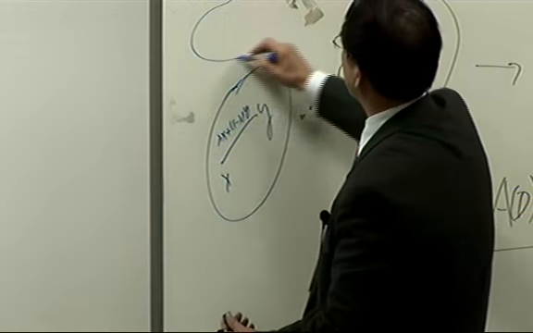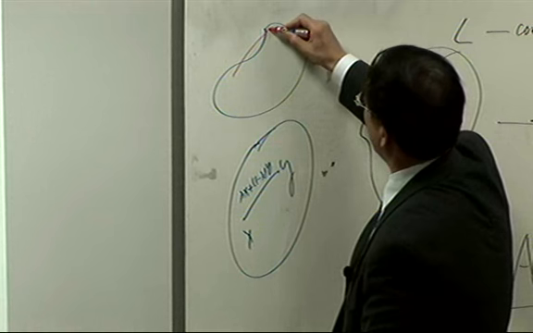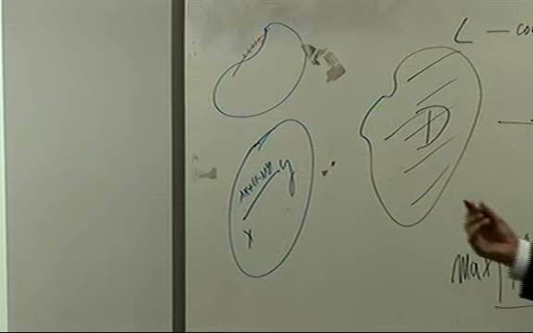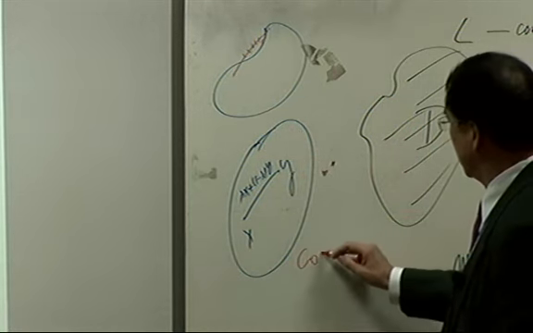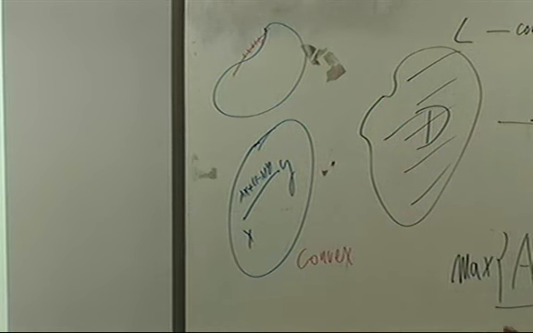If someone shows this one, it is non-convex, because you see these two points, you connect the two points, and the segment is not in K. So this is not convex, and this is convex. The disk, the ball is convex, the ellipsoid is convex, the simplex is convex.